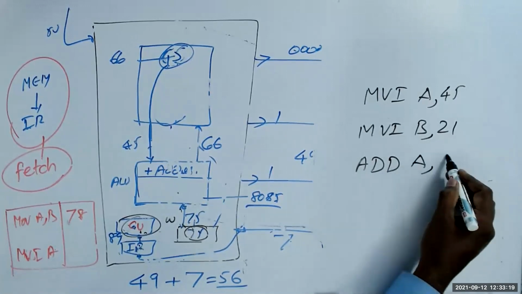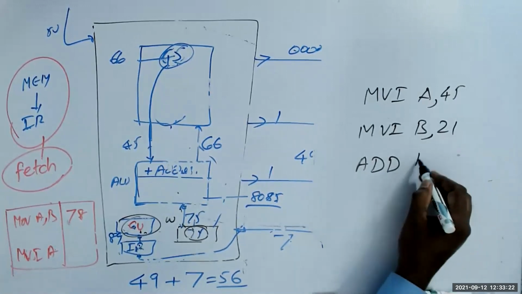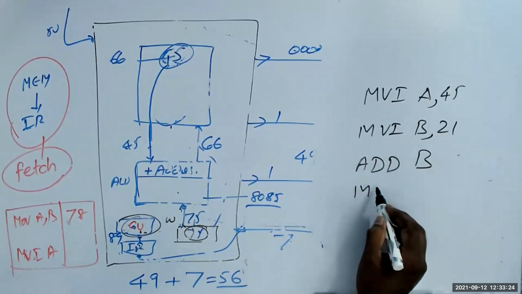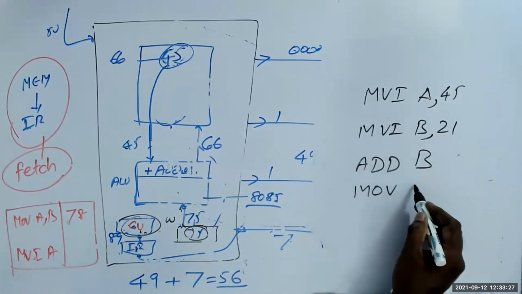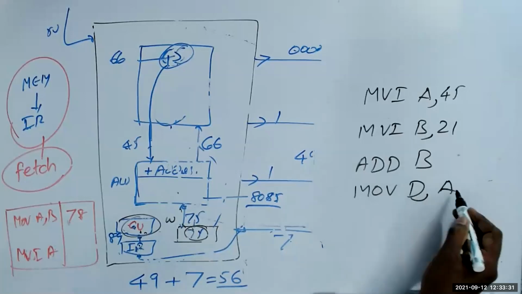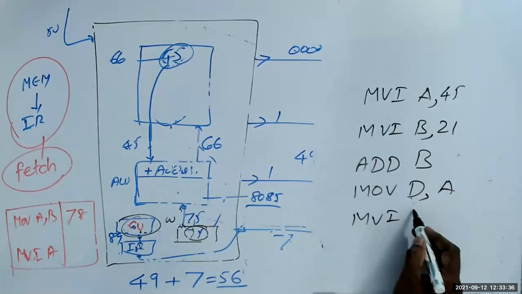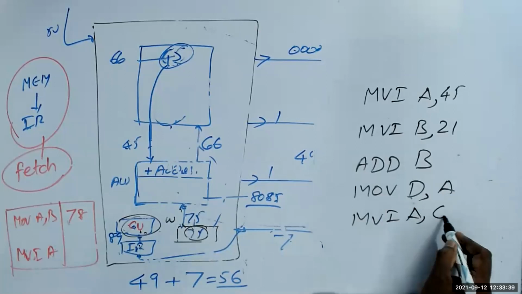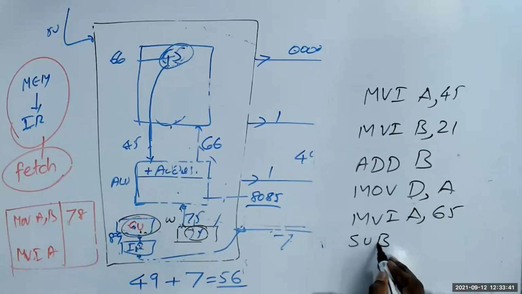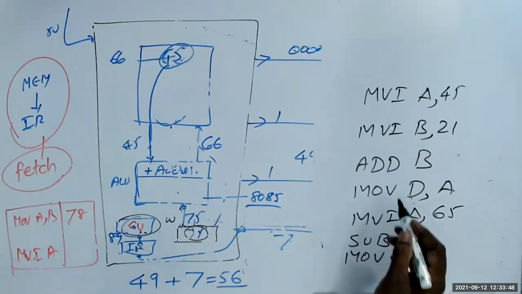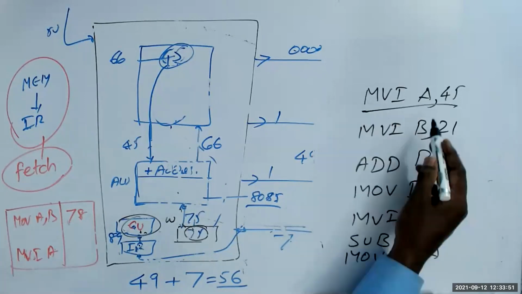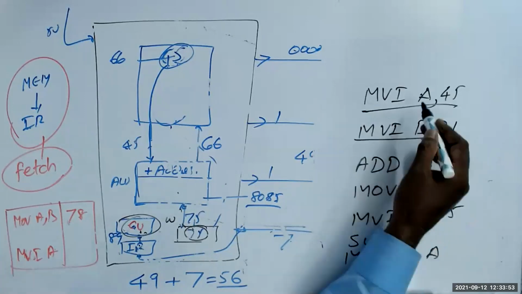Add B. Move D comma A. Move immediate A comma 65. Subtract B. Move E comma A. See that I perform the operation. I'm moving A 45, then I'm moving B 21, I am performing the addition. Some doubt?